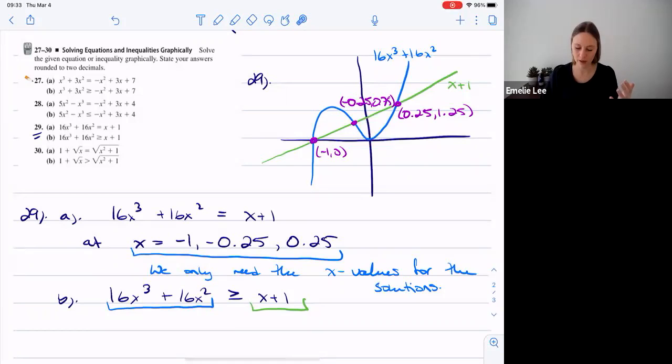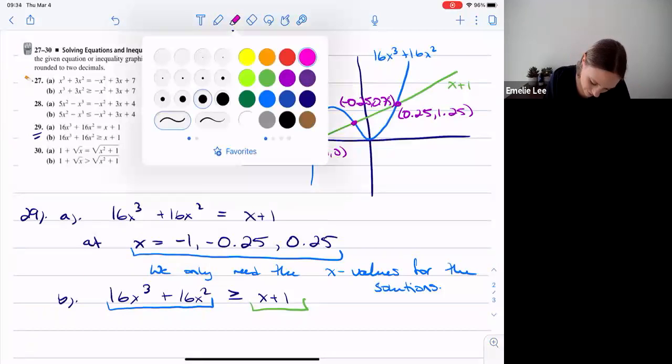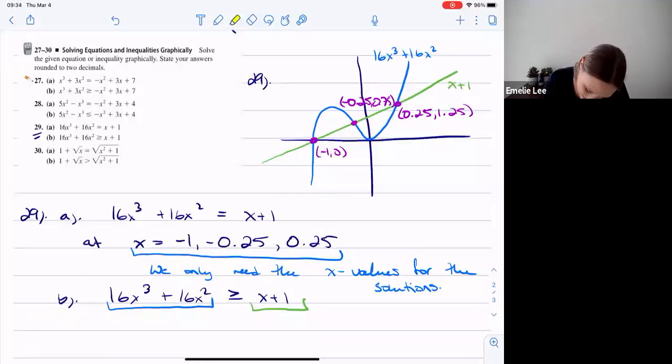So from negative 0.25 to positive 0.25, x plus 1 is larger than 16x to the 3 plus 16x squared. But after 0.25, they switch again. So here's where it's greater than, and here's where it's greater than.